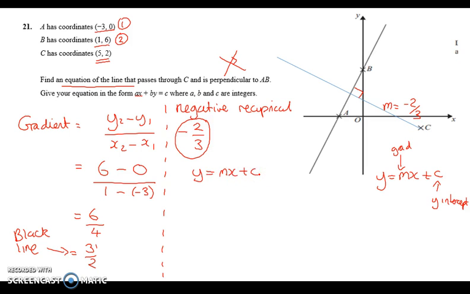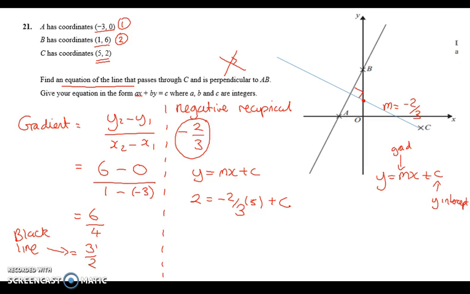I don't know what the y-intercept is, but if I put in everything else that I know, maybe I could work it out. The y value for C is 2. So 2 equals, the gradient is minus 2/3 times x, and x is 5, plus c. So now I have an equation with only c missing.